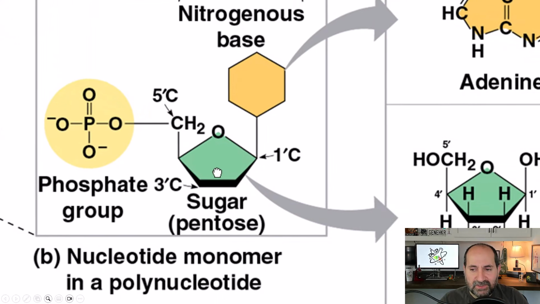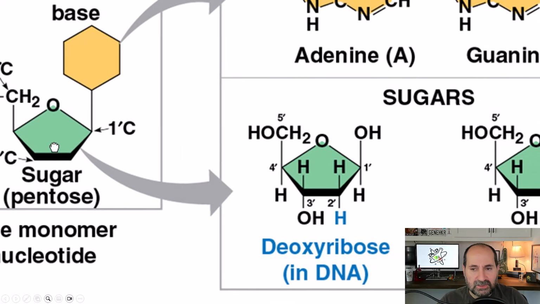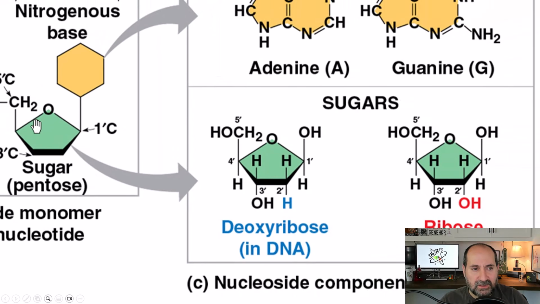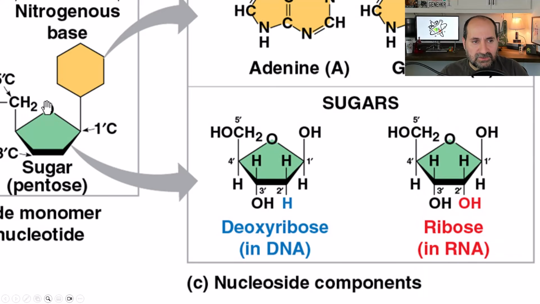Now this does vary depending on whether you're talking about DNA or RNA. I just want to show you something. Look right here. You see this pentose sugar, this 5 carbon sugar? Well, in DNA nucleotides that make DNA, this is the sugar that lives right there.